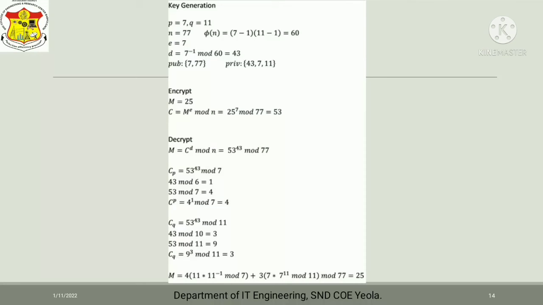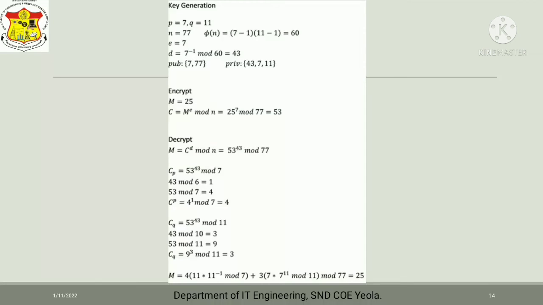Next example. Select two prime numbers. Here p is equal to 7, q is equal to 11. Find out the value of n. N is equal to p into q. Then calculate phi of n, that is p minus 1 into q minus 1. Then choose the value of e, that is encryption key. Here it is 7. Find out the value of d.